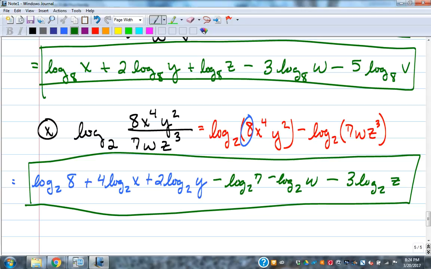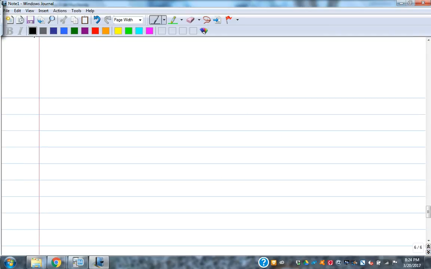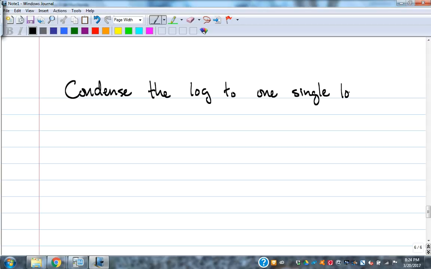All right. Let's condense, and I think this is where you start really getting good at the rules. We're going to condense these into one single logarithmic expression.